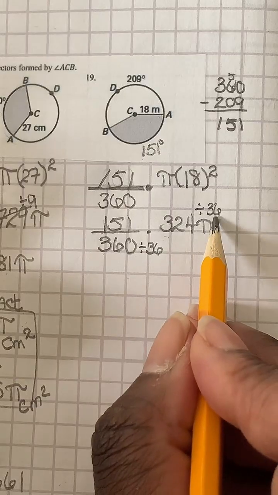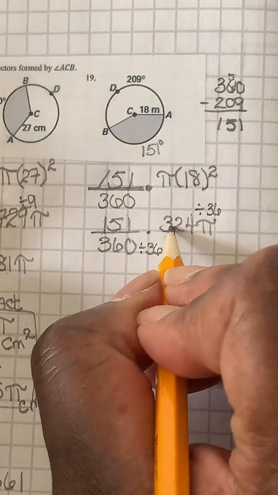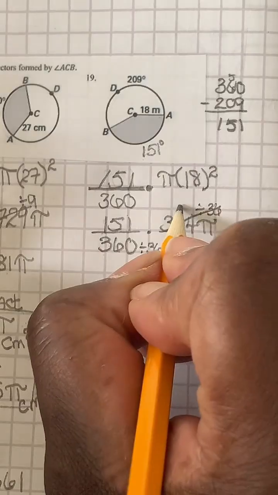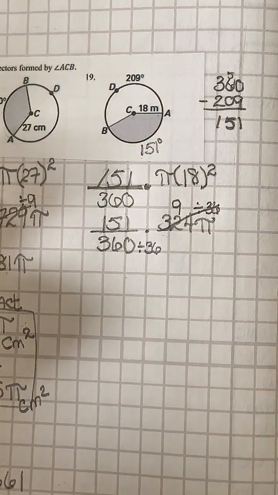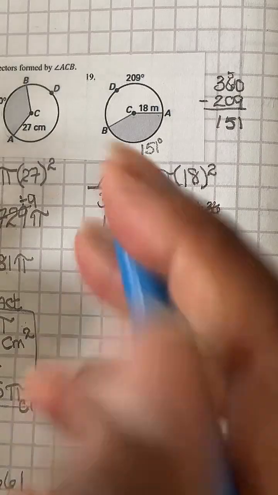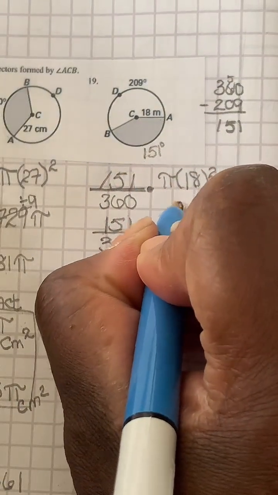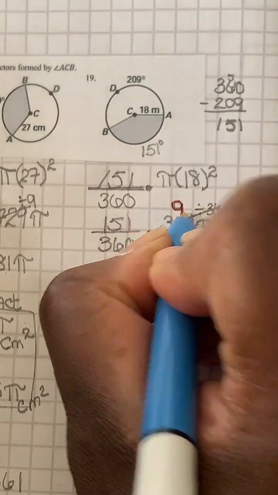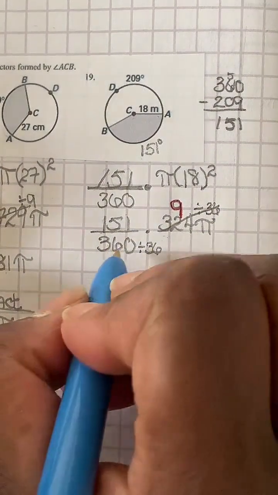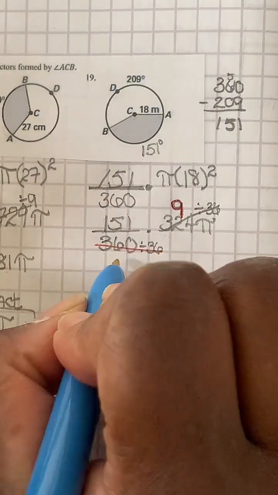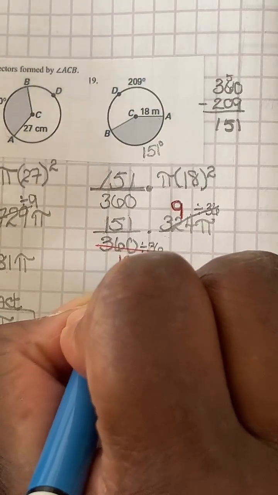324 divided by 36 will give me 9. Might be a little easier if I put it in a different color. So this will be 9. 360 divided by 36 will give us 10.